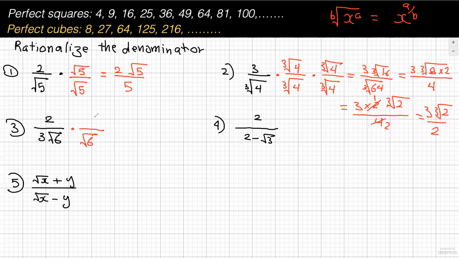Whatever you do to the bottom, you do to the top. So now we have 2 root 6 all over. Root 6 times root 6 is 6, or square root of 36, which is 6. But I just take the shortcut. Root 6 times root 6 is 6. 6 times 3 is 18. And that will reduce into root 6 over 9 because the 2 goes into itself 1, and goes into 18 9 times.